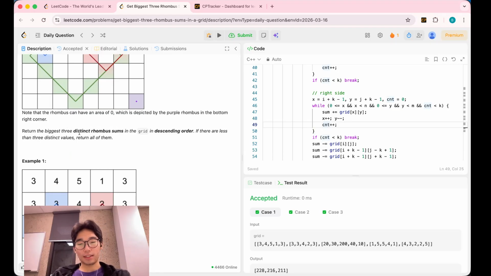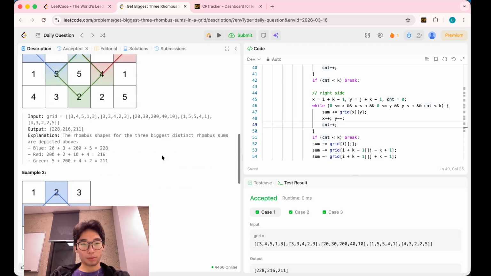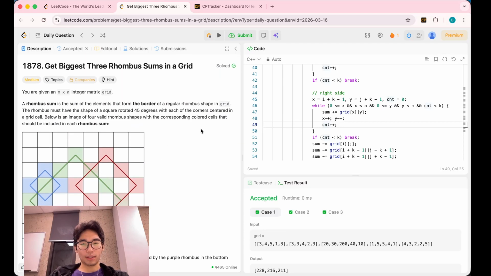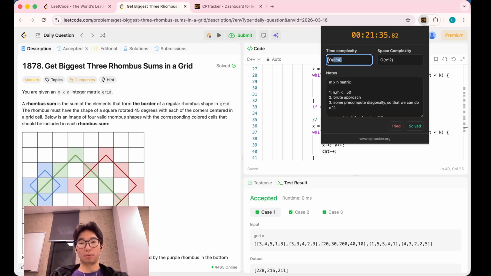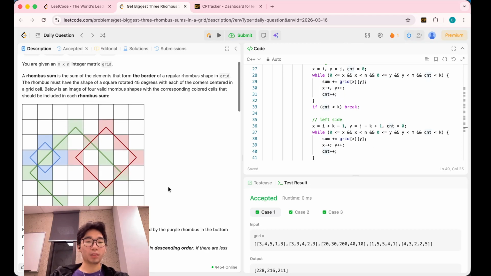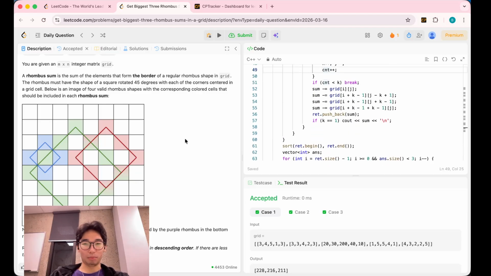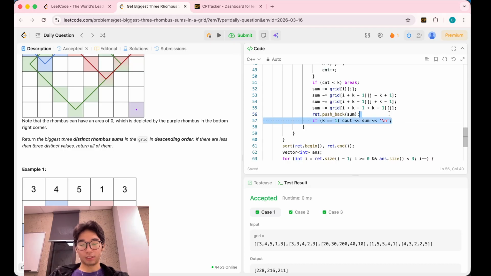These are things I should have avoided. Otherwise, it's a pretty fun question, and my solution is really bad because it's n to the power of 4 instead of n cubed. I can do an n cubed solution with a bit of pre-computing diagonal sums, but I don't want to do this right at the moment.